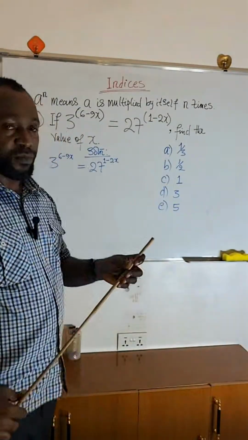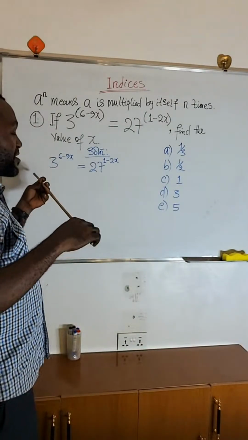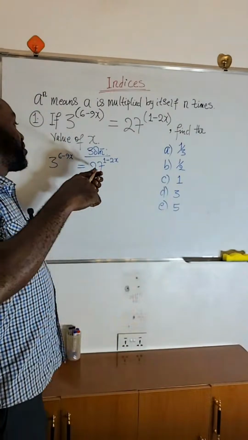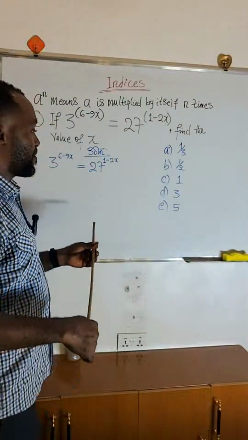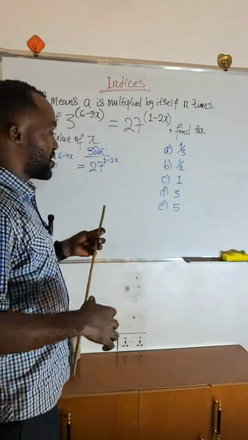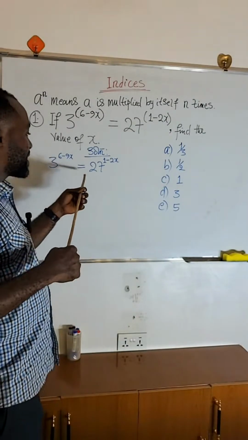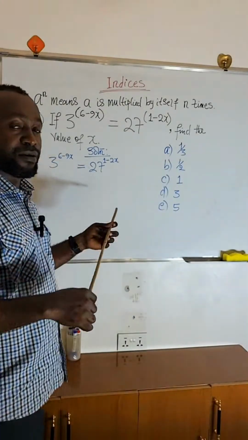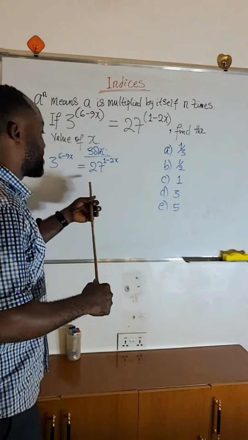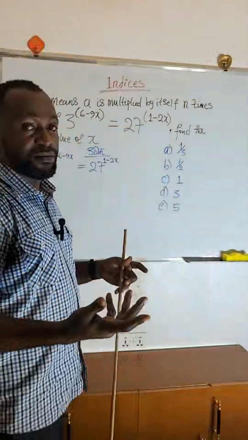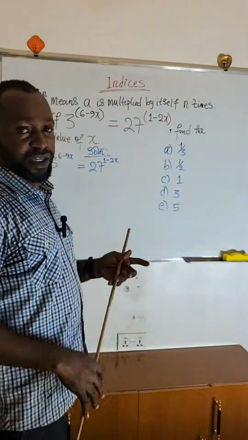Anytime you see a number on the left-hand side raised to any power, and another number on the right-hand side raised to any power, the first thing to look at is whether the number on the left has any relationship with the number on the right. If the two numbers relate in one way or the other, there is something you can easily do to get the answer.